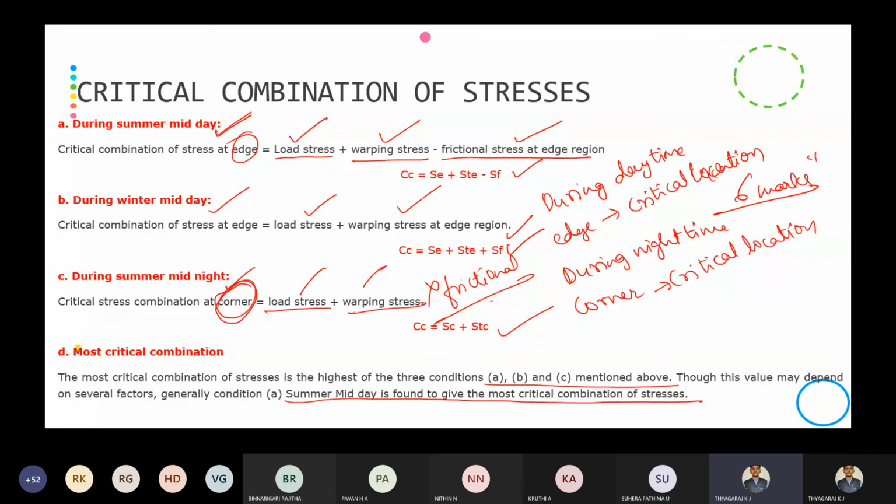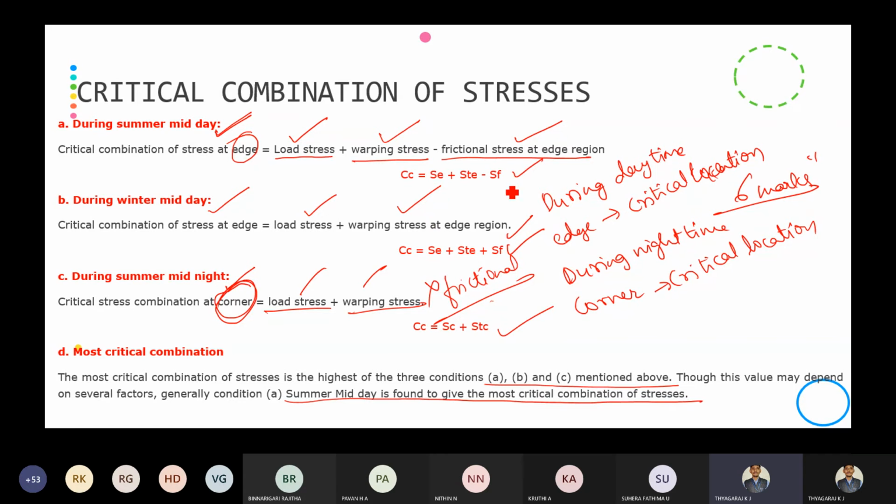So remember, in the competitive exam, they will ask during what time the critical combination of stresses will occur. During a summer midday, the critical combination of stresses is going to occur. Why? Because the temperature difference will be very high, and because of that the temperature stresses are going to develop, and because of the expansion of the slab, the friction is going to develop.